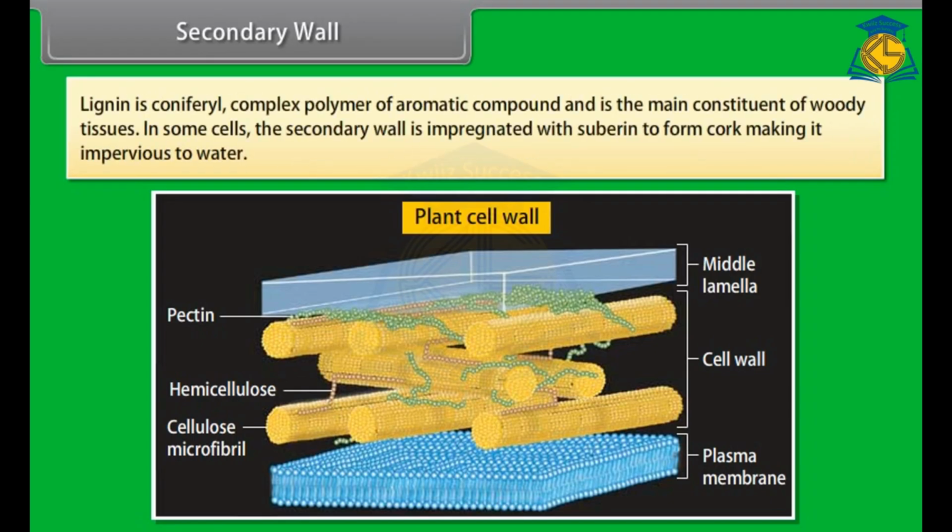Lignin is a coniferyl, complex polymer of aromatic compounds and is the main constituent of woody tissues. In some cells, the secondary wall is impregnated with suberin to form cork, making it impervious to water.